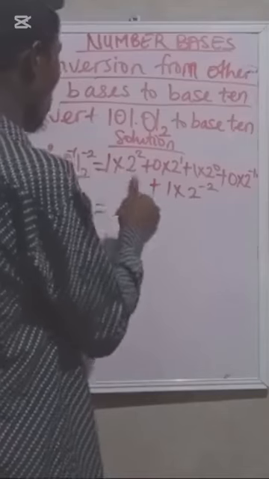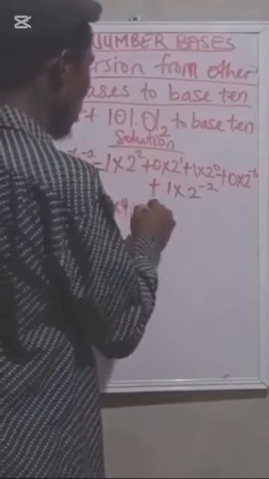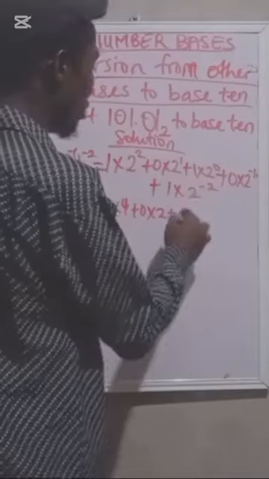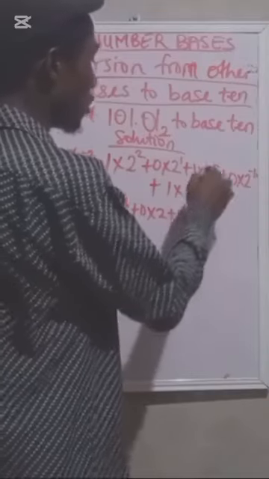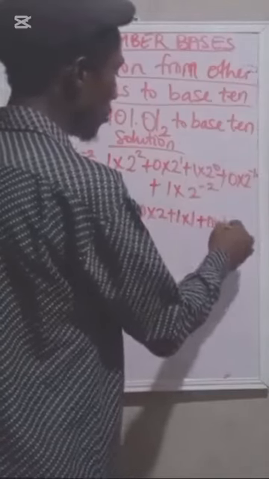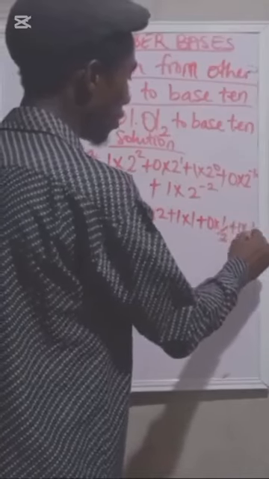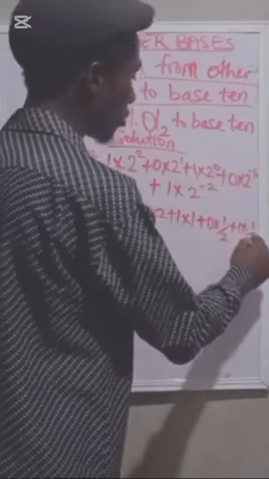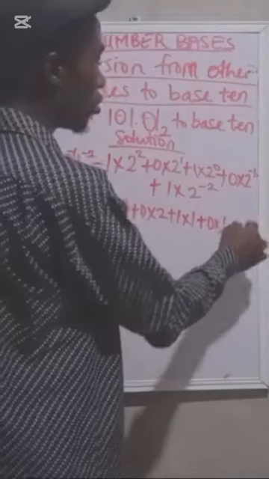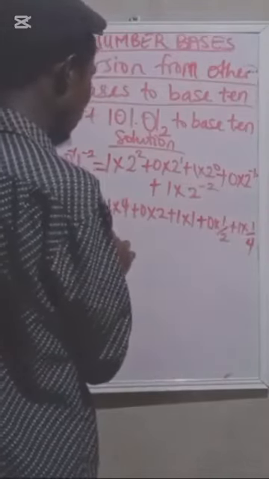This equals 1 times 2 raised to power 2, which is 4, plus 0 times 2 raised to power 1, which is 2, plus 1 times 1, since 2 raised to power 0 is 1, plus 0 times 1 over 2, plus 1 times 1 over 2 squared. 2 raised to power -1 is 1 over 2. The minus changes to 1 over 2 raised to power 2, which gives us 1 over 4. That's how we got that.